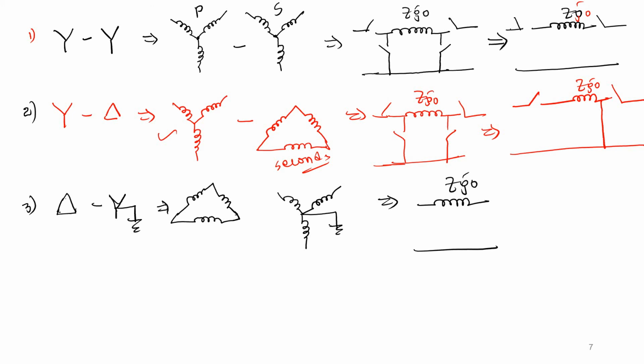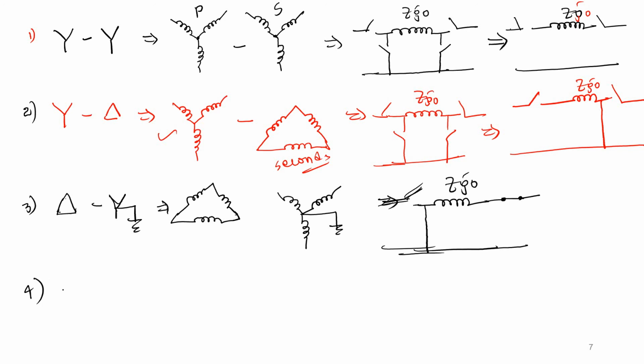Delta connection means the primary is short circuited, and the star neutral is solidly grounded. On the secondary side the series switch is closed, and on the delta side the series switch will be left open, not closed.